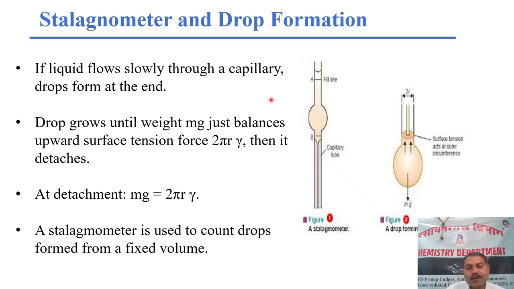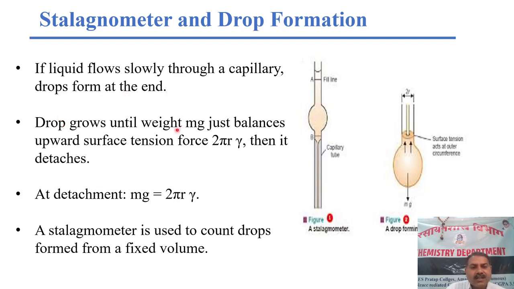In this drop formation method, a drop is formed, and on this drop there are two forces acting: a downward force due to mass into acceleration due to gravity of the liquid drop, and an upward force due to the surface tension, that is the 2 pi r gamma component. If liquid flows slowly through a capillary, a drop forms at the end.